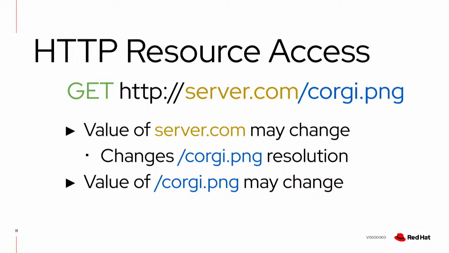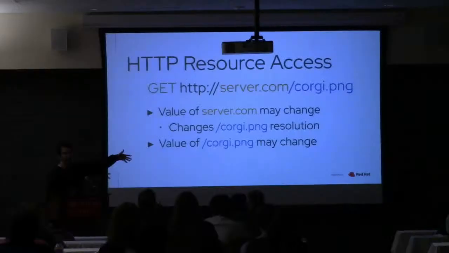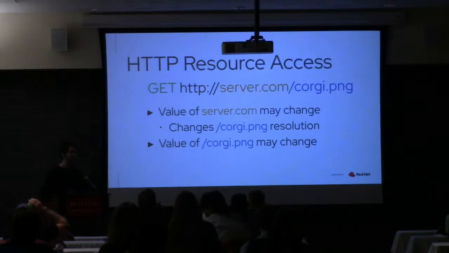So if you go to google.com and you want corgi.png, well, google.com might resolve to a different server, and all of a sudden corgi.png becomes malware.js. Or maybe someone renames malware.js and overwrites it with corgi.png. So that is one of the pitfalls, but it's really convenient.